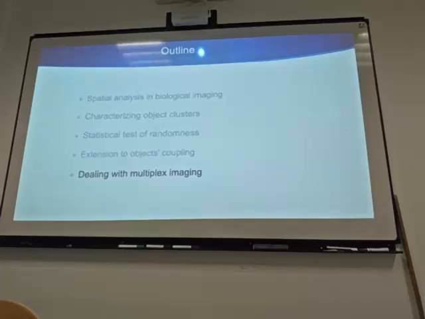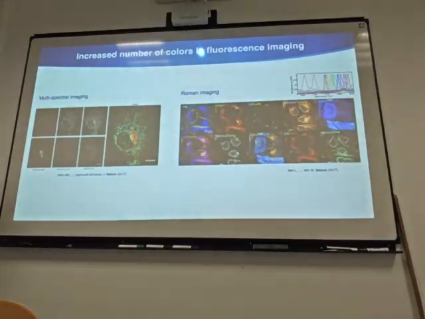And now I would like to conclude with, okay, this was an example with 2 to 3 colors, but what happens with a lot more colors, types of objects? And this is becoming increasingly important because of technological innovations. So here, for example, in fluorescence microscopy, there's Raman imaging.